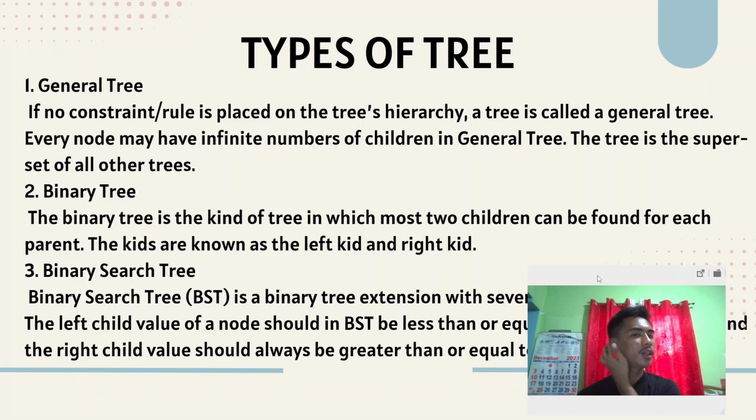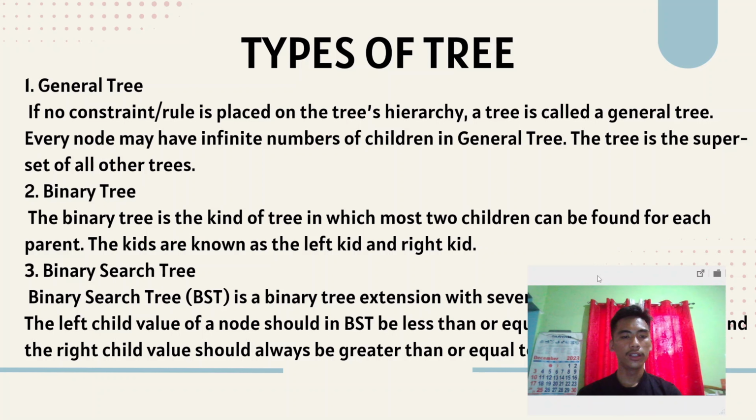So in summary, a general tree allows for an arbitrary number of children per node without specific constraints on hierarchy. And a binary tree restricts each parent node to have at most two children, simplifying the structure compared to a general tree.